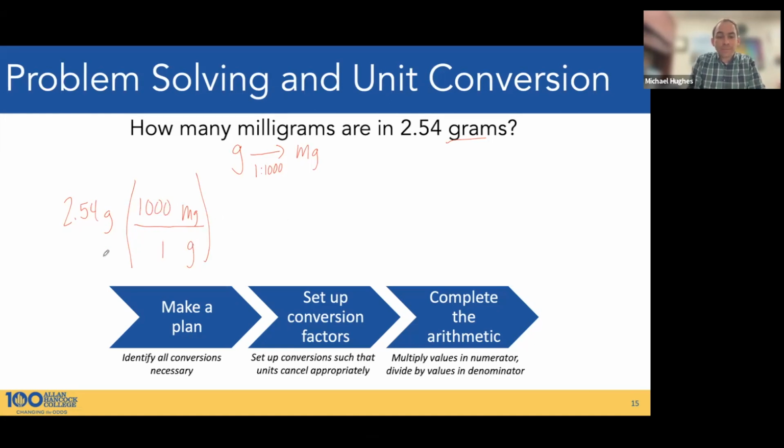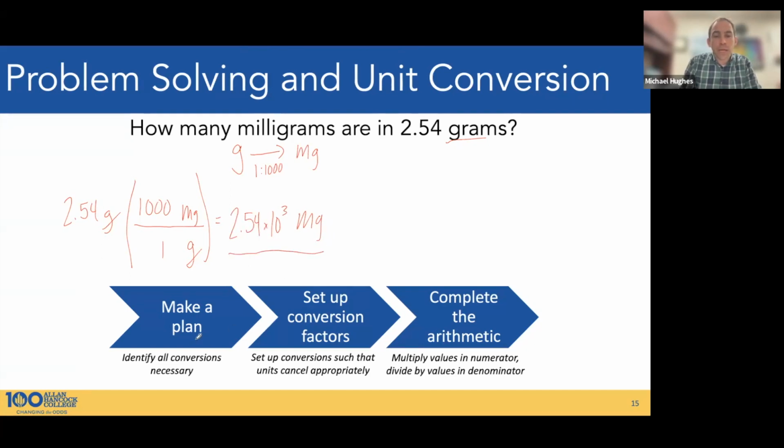And so then our grams cancel and our milligrams comes out. As long as this relationship is true, then to complete the arithmetic, if we see a number on the top, we multiply. If we see a number on the bottom, we divide. So 2.54 divided by 1 is 2.54 times 1,000 is 2.54 times 10 to the third milligrams.